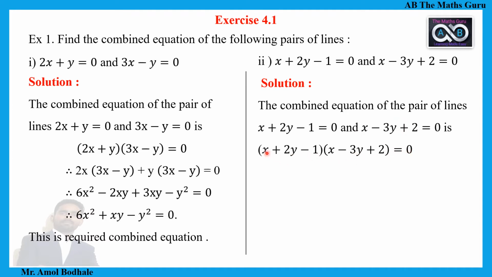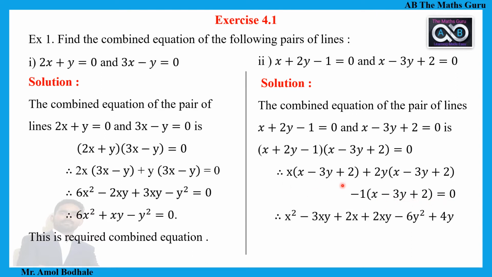Here we can multiply x to the whole bracket. So x into x minus 3y plus 2, then multiplying 2y with this bracket, 2y into x minus 3y plus 2, and multiplying minus 1 to the whole bracket, minus 1 into x minus 3y plus 2, equal to 0.